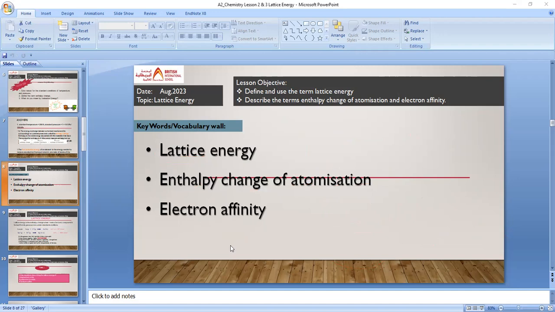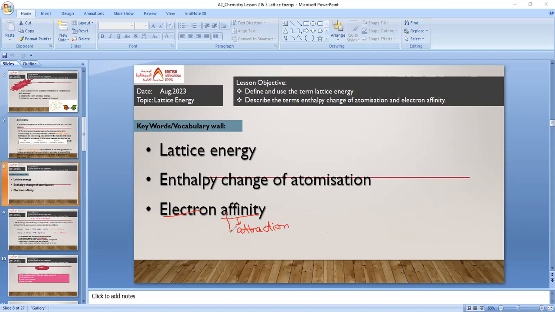I'm not sure about this one. It's okay, just try. Electron affinity: affinity means attraction, right?